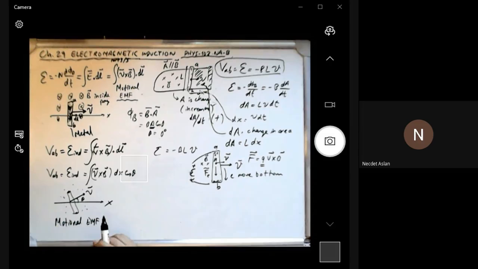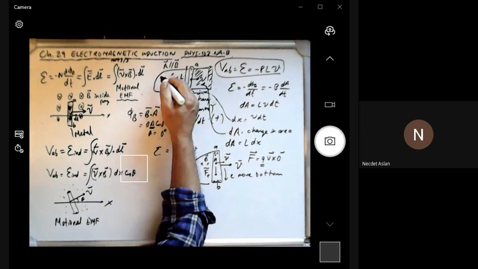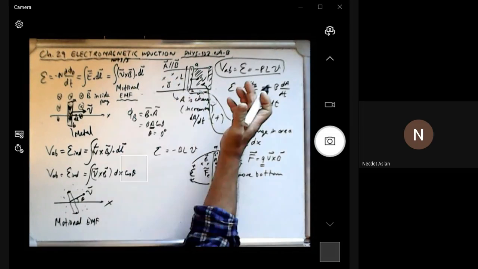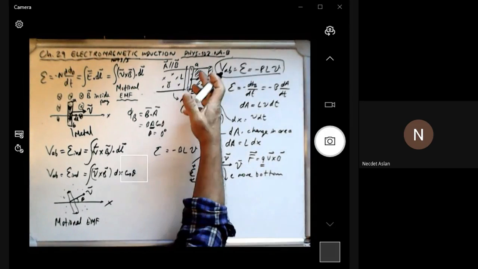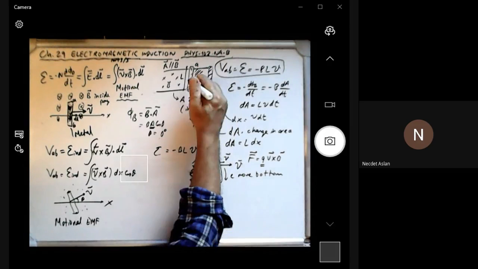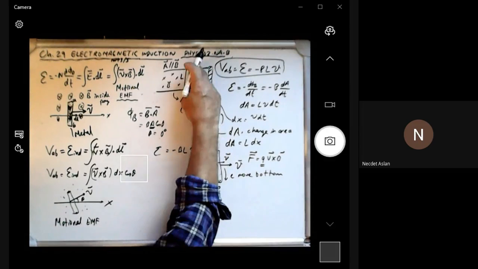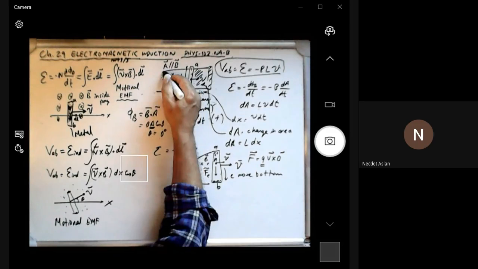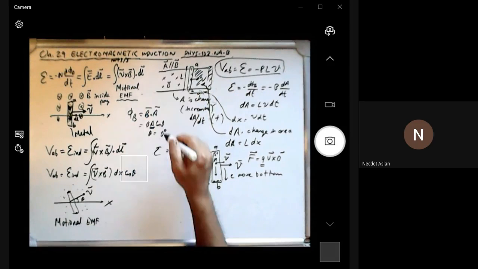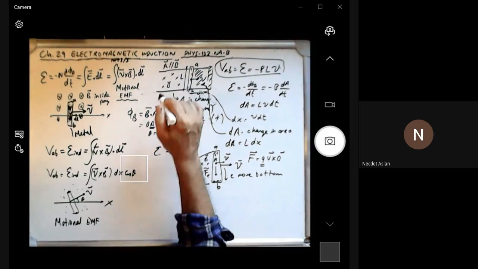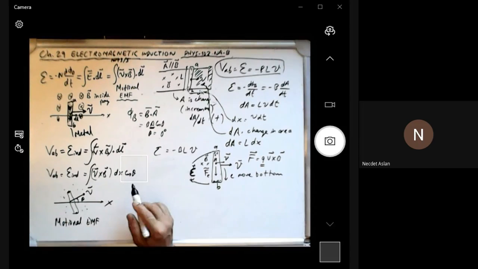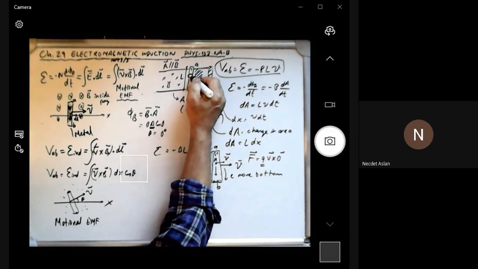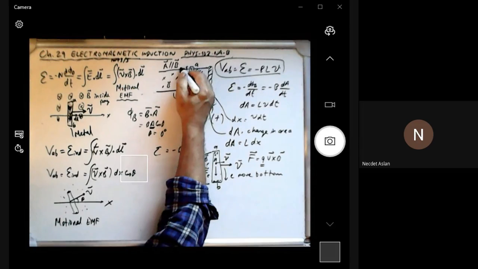But if this is not connected, by the way, again, we can have exactly this potential difference, but no current is moving because this part is not connected. But if you connect this part, then there is a current moving. So in what direction will it be? If epsilon is plus and minus like that, the current will move like this, right?